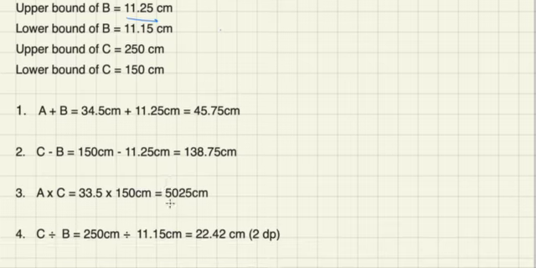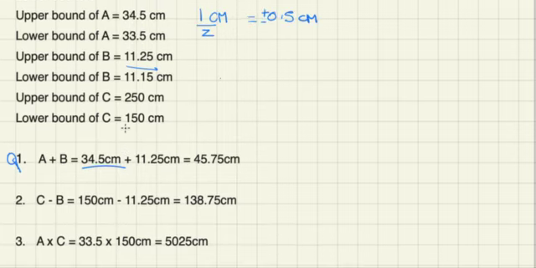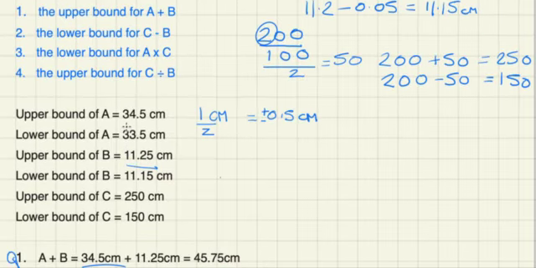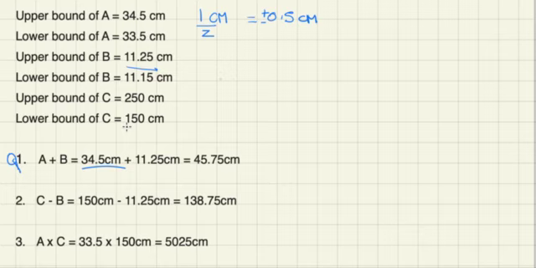So we've been asked to do some calculations on this. So the first question, question 1 was A plus B. This is a value for A, as we've seen. And I think this was the upper bound, that's right, the upper bound values. So all we do is we'll get this value here, 34.5, that's this one.